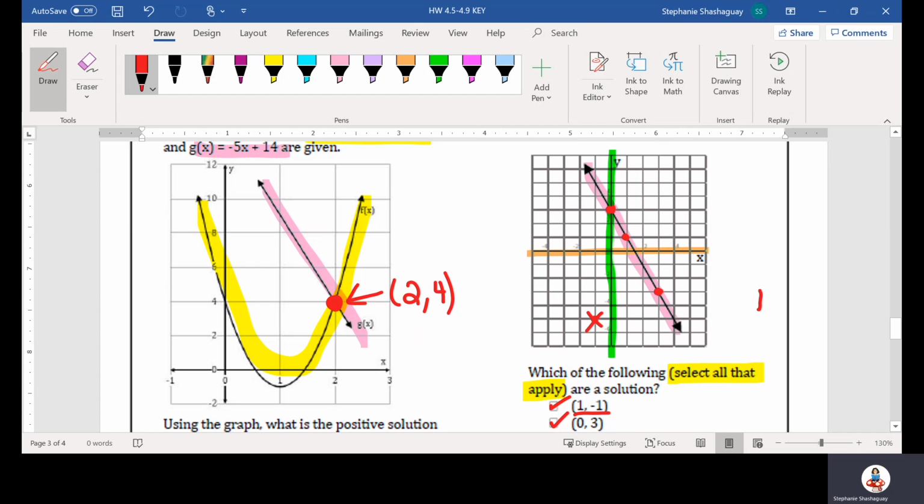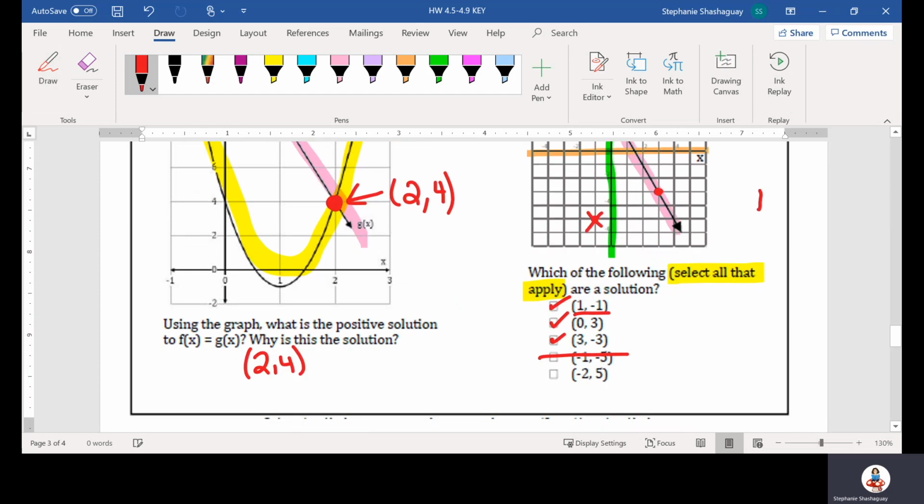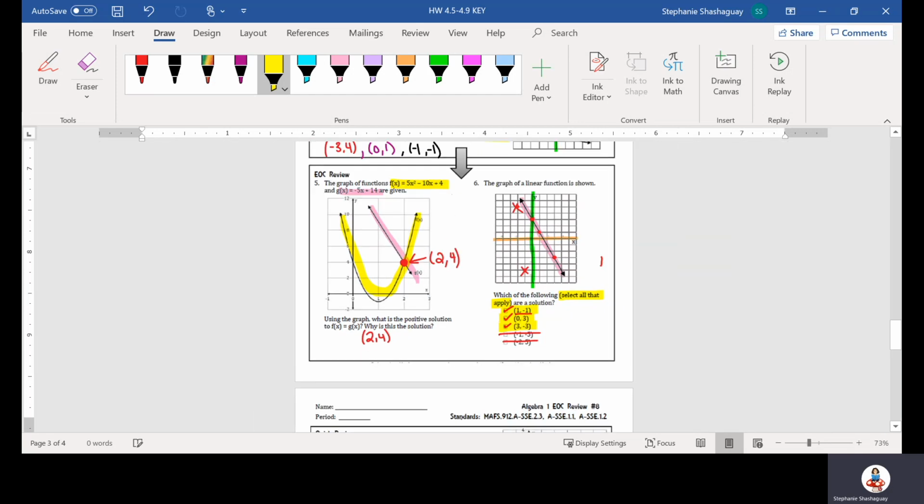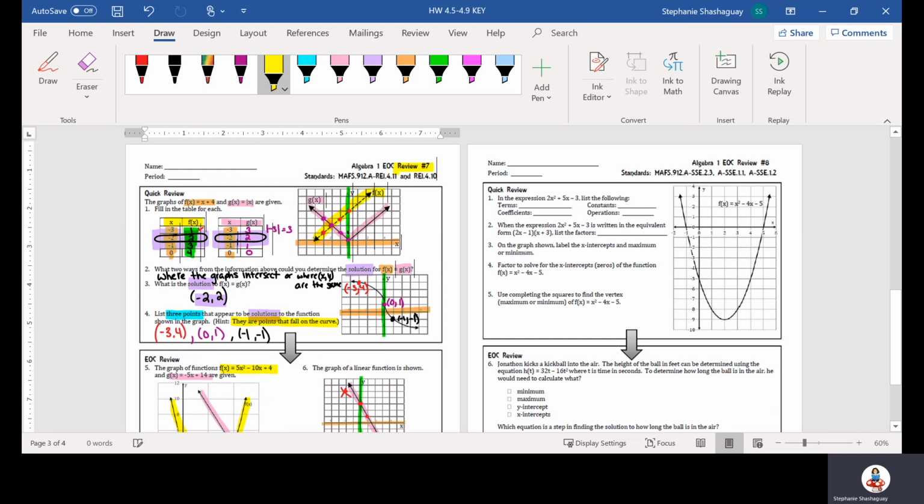So -2, and up 1, 2, 3, 4, 5. That is also not a solution. So our 3 solutions here are A, B, and C. All right, that is it for our homework number 7.